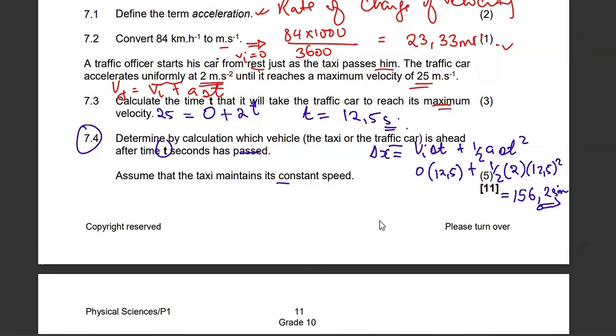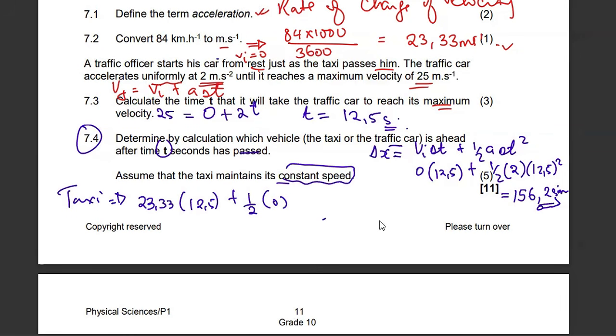Okay. Then with the taxi, if I do the same thing with the same formula, it's going to be 23.33 multiplied by the same time. We want to see after that time, how far will the taxi be? So this is a half, since the speed is constant, which means the acceleration is going to be 0.